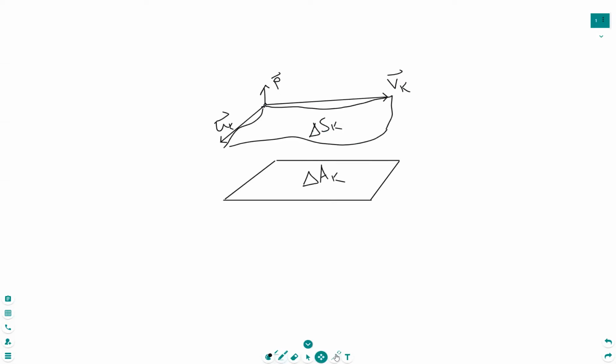And finally, we also have some vector that's the gradient of g.